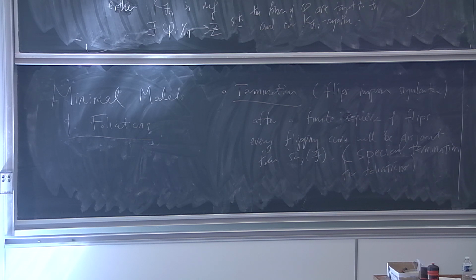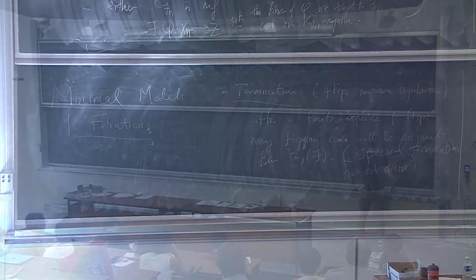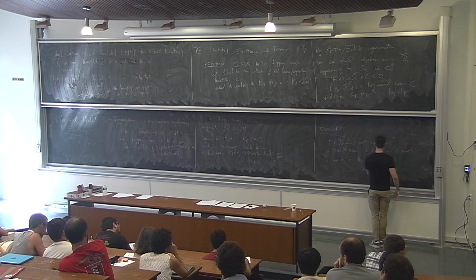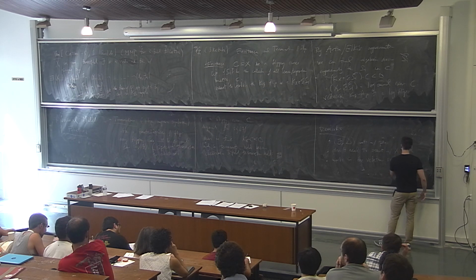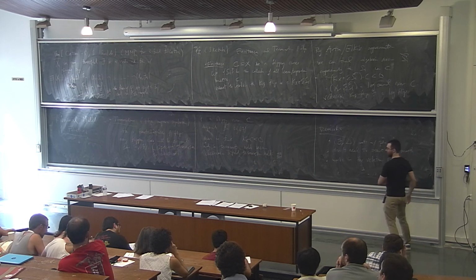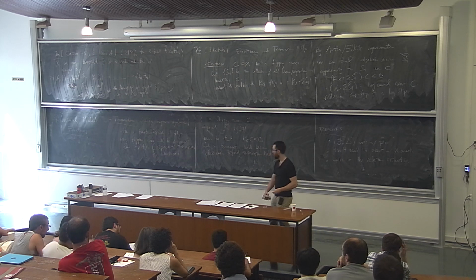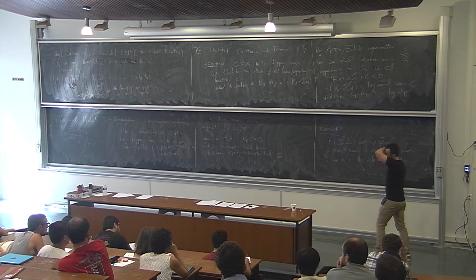We also don't need to start with X smooth and F having simple singularities. We can even start with something mildly singular. And finally, all this also works in the relative situation.